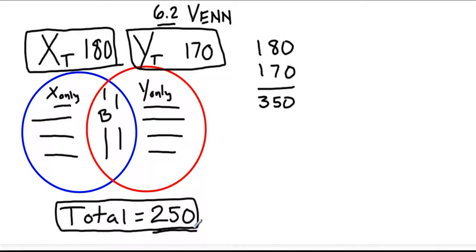And how do I figure that out? Well, the total number of dog owners is equal to the dog owners that only have dogs and the owners that have both. The total number of cat owners is equal to the cat owners that only have a cat and those who have both.